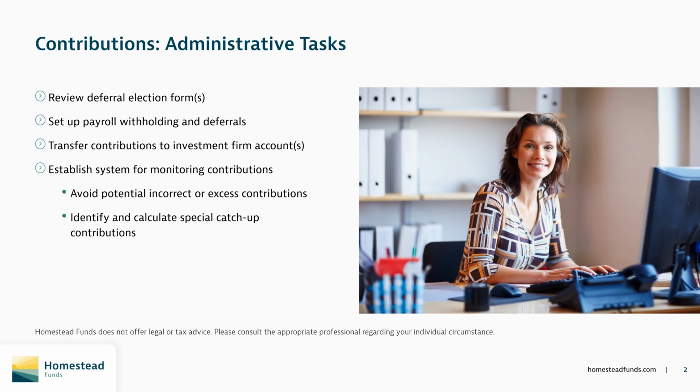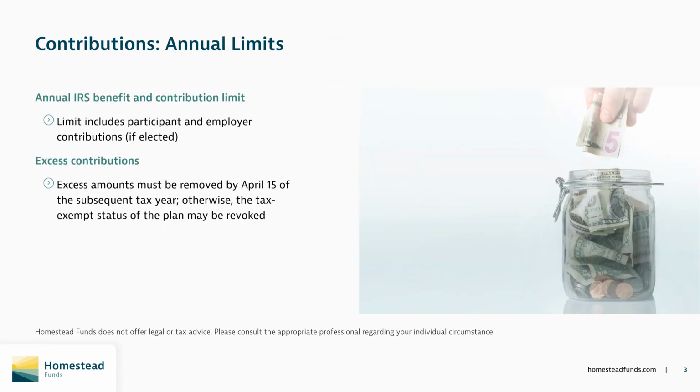Unlike 401ks, any employer contributions to a 457B plan do count towards the annual maximum amount. Having a system also will help you document contributions over the years, which will provide the information then needed to determine a participant's eligibility for the plan's special catch-up provision, which we will discuss in a minute.